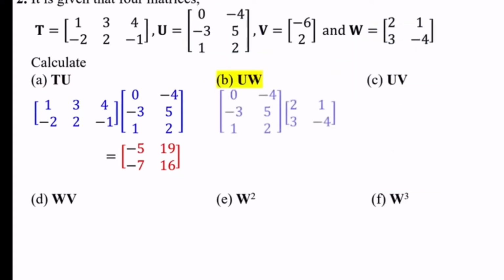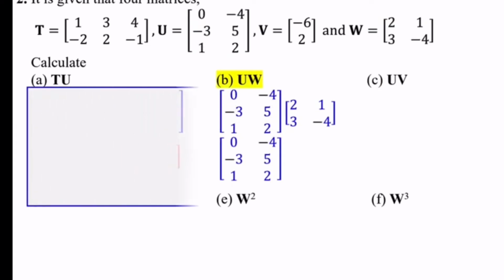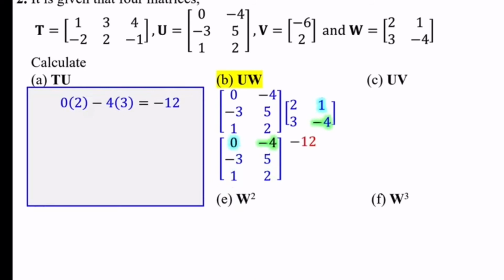For U times W, let's do it together. So we have 0, negative 4, negative 3, 5, and it's going to multiply by 2, 3, 1, negative 4. So it's 0 times 2 plus negative 4 times 3, we get negative 12. Followed by 0 times 1 plus negative 4 times negative 4.